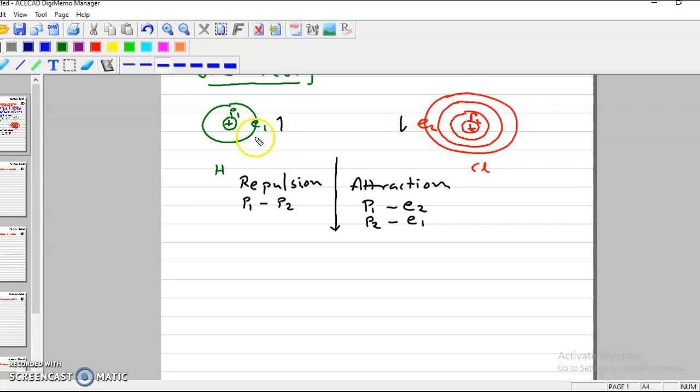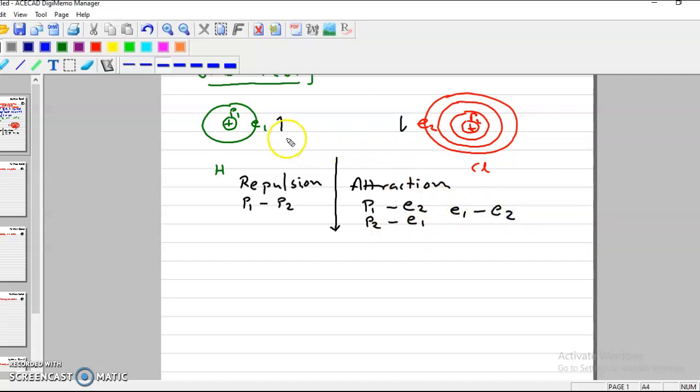In that case, do E1 and E2 attract or repel? Well, normally we assume that electrons, being equal charges, repel, but no. If they have opposite spin, there will be attraction between E1 and E2.